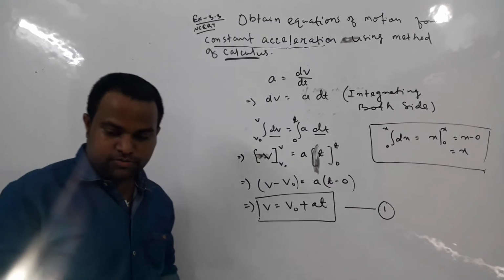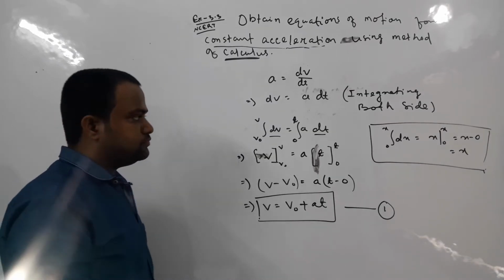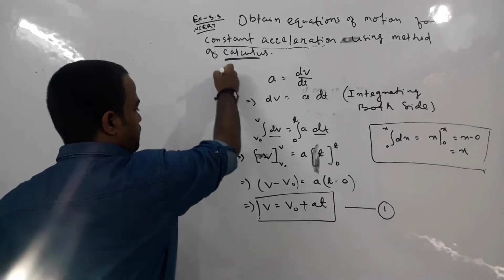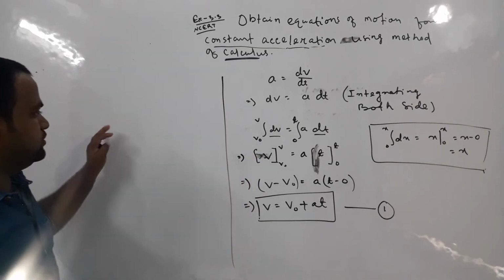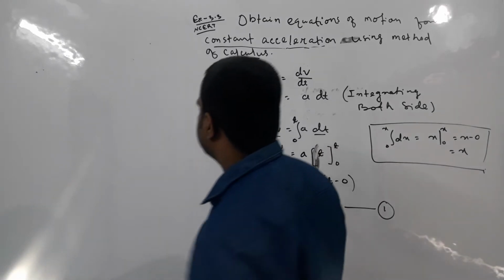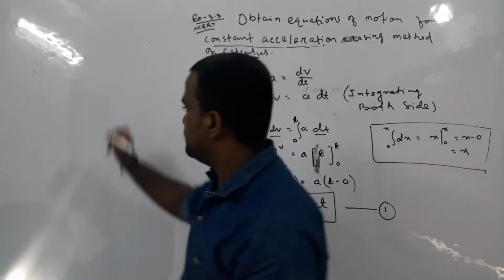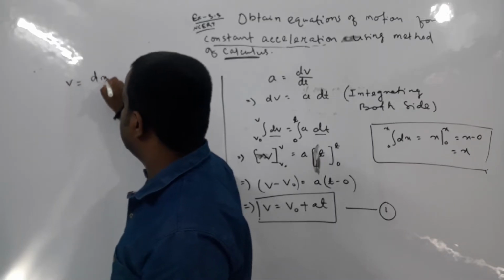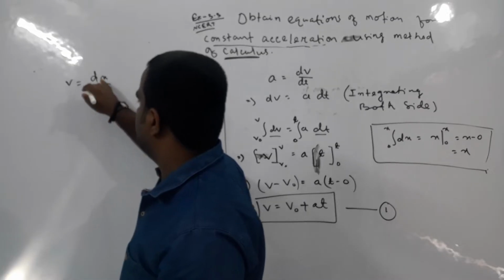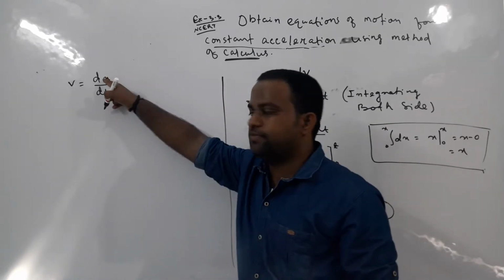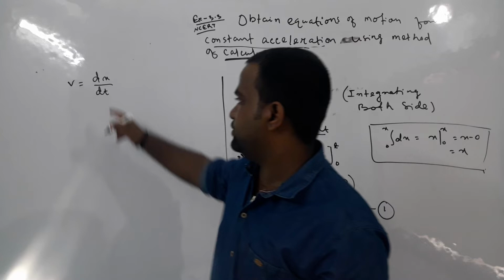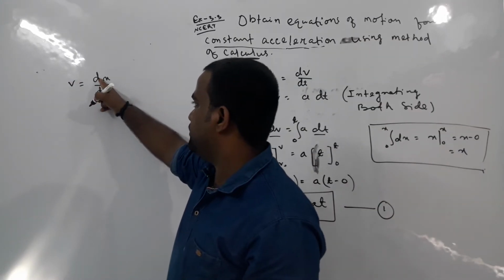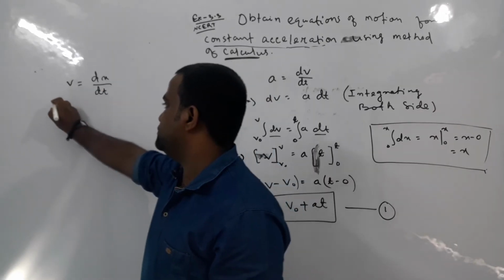For the other equation of motion, we know another relation. You know that v is equal to dx by dt. The rate of change of displacement is your velocity.